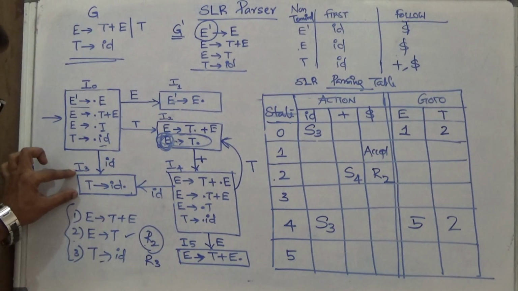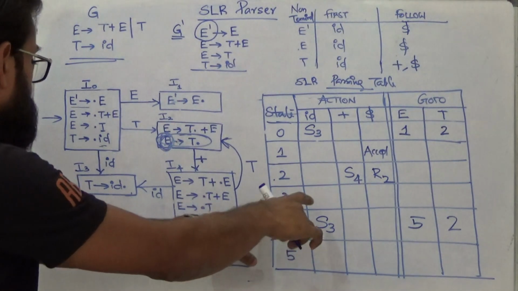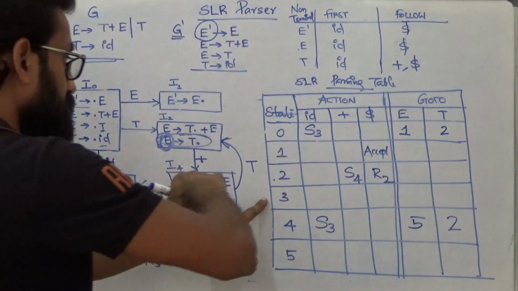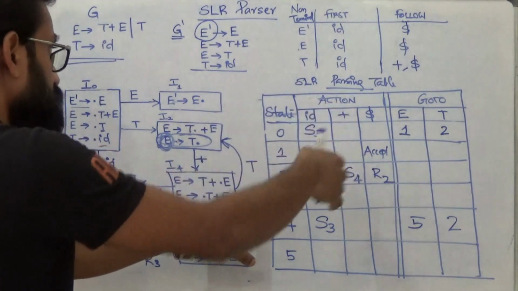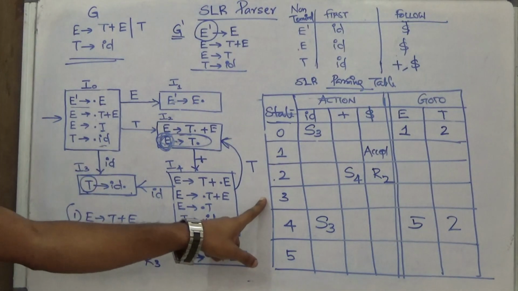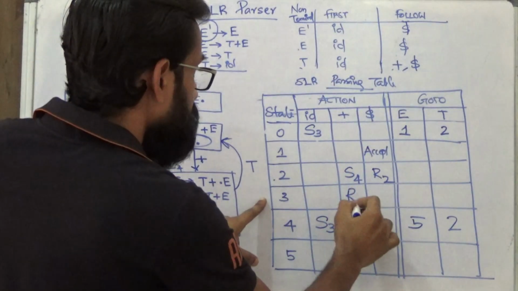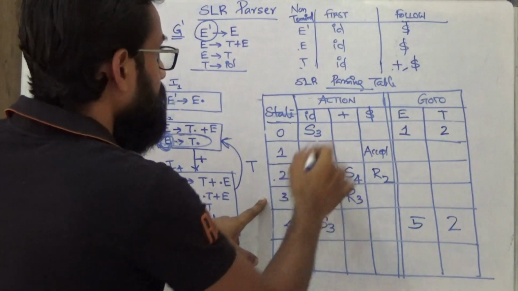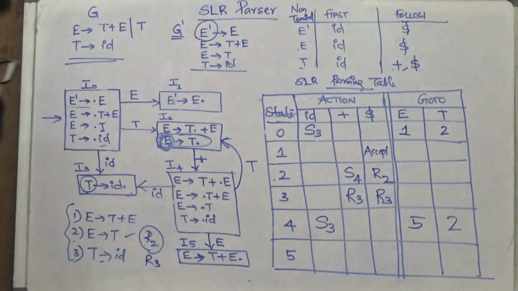So in state 3, you have to create entry R3 in the row corresponding to the columns that represent everything that belongs to follow of T, follow of left hand side. Follow of T is plus. So in plus you have to create R3, and again follow of T contains dollar. Here also you have to create R3.